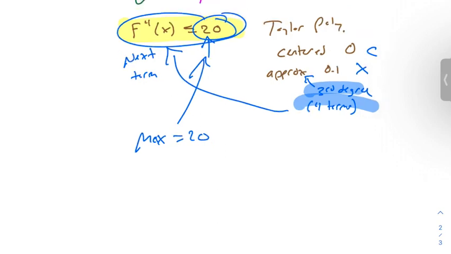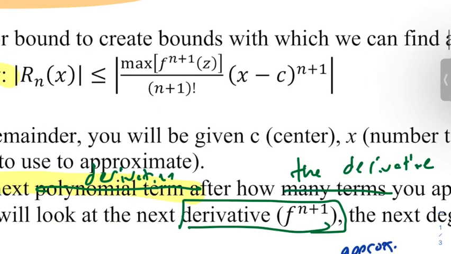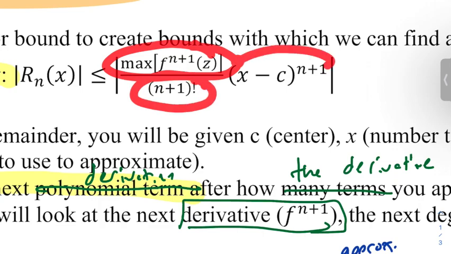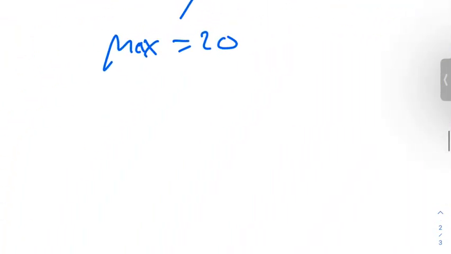So then if we were going to come up with the value for this, we're going to use that formula at the top. The max of the next derivative is z, so that 20 is going to go all in there. 4 plus 1 factorial, x minus c to the 5 factorial. So here we go.